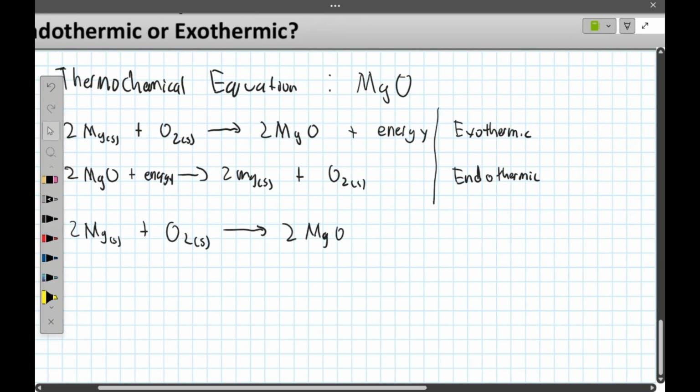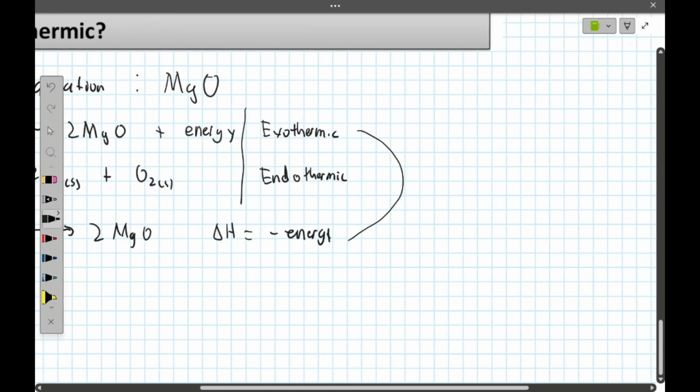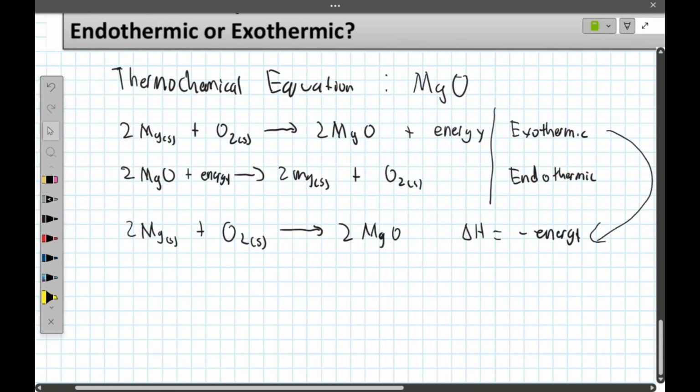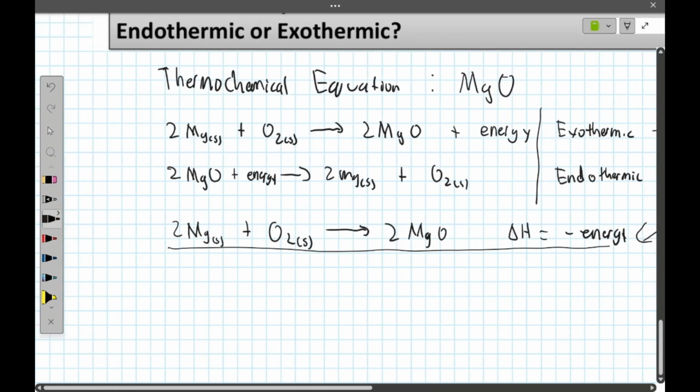Here it can just say the change in enthalpy is going to be negative energy. So what this means is that if it's negative, energy is exiting the system, meaning exothermic. So this equation right here is equal to this one.